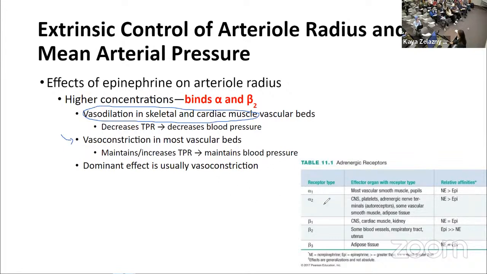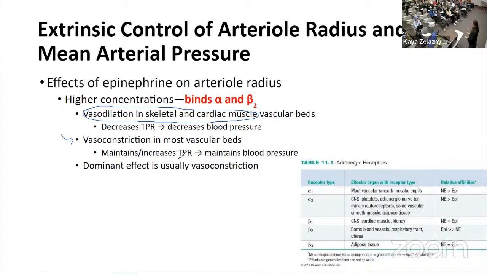The effect at those alpha receptors is increasing total peripheral resistance, which means that the effect at these high concentrations of epinephrine is to make up for the vasodilation that's happening at the skeletal and cardiac muscle.